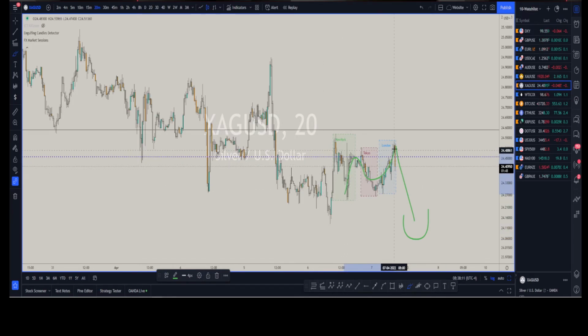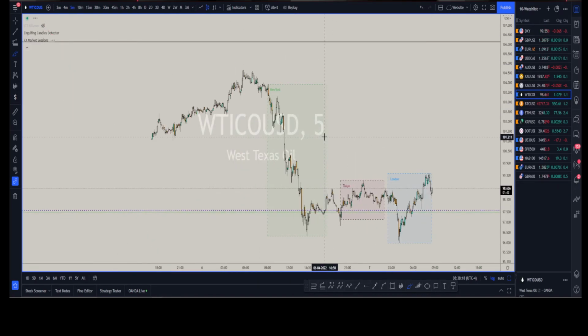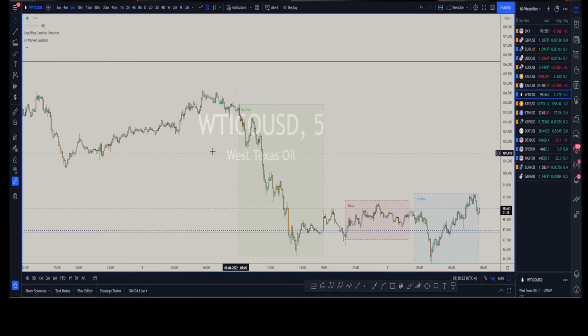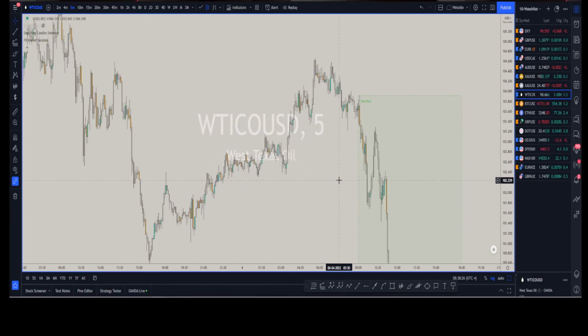This most likely is a completed wave for more down to come. Oil played out perfectly. Some of you guys told me that you took the oil trade. It was something around these areas.